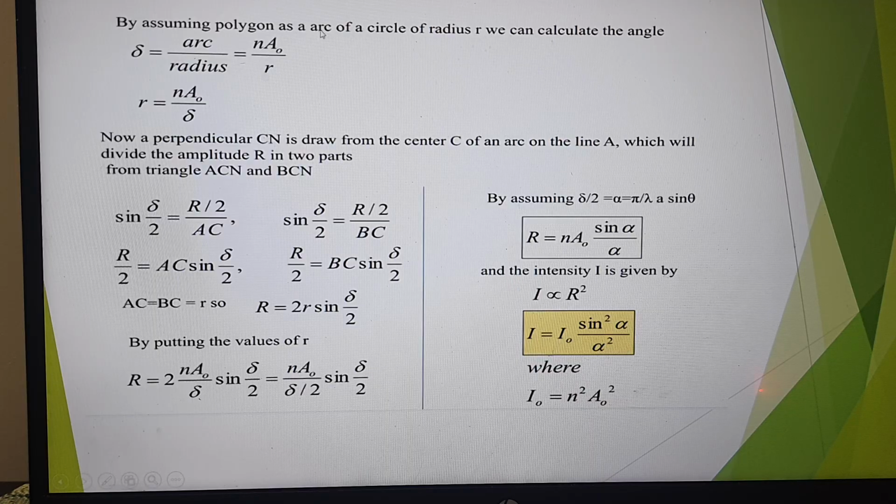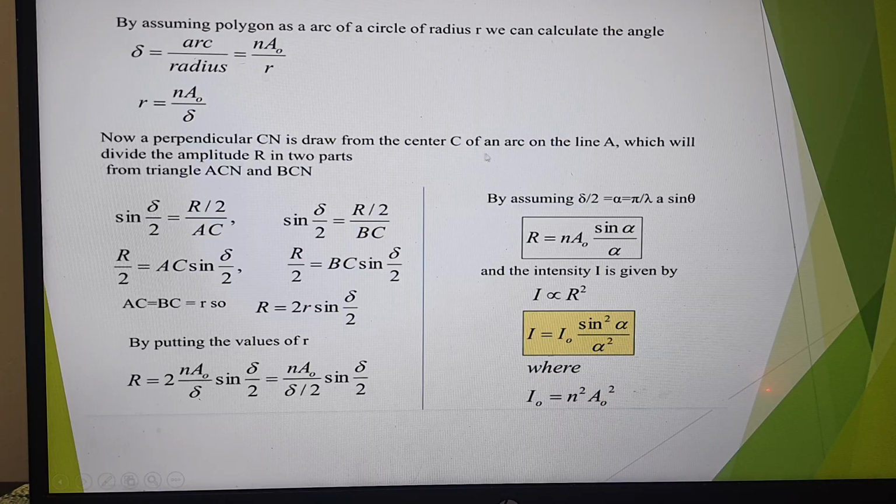We have a triangle with a rectangular shape, and the wave function forms. That is delta equal to arc by radius, N a naught by r, and r equals N a naught by delta. So this is the formula from the polygon arc.